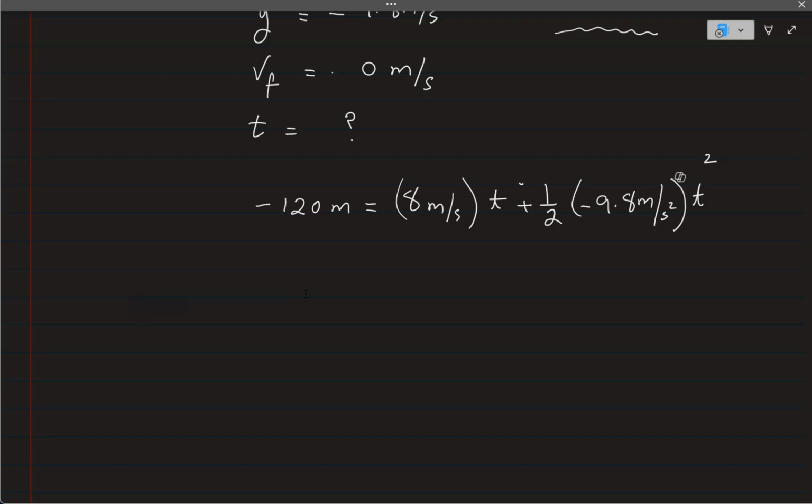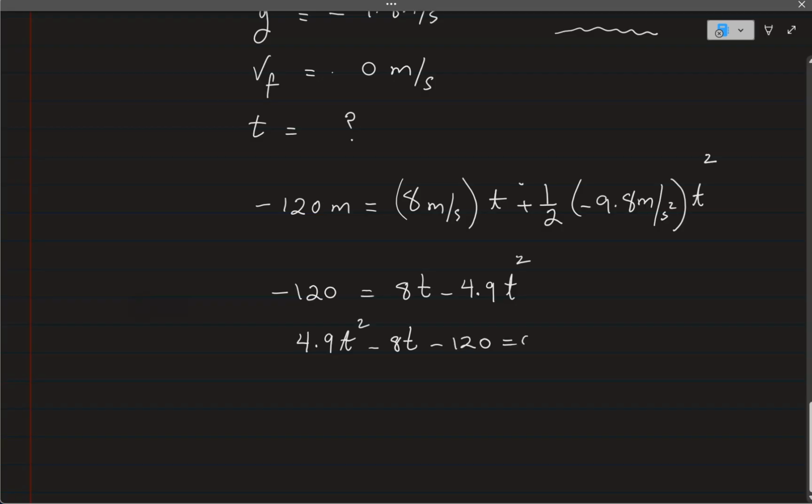When you do the math in here, you'll end up getting negative 120. I'm going to remove those units for now until we finish with the math. This would be 8t minus 4.9 t squared. When you bring everything together, you solve this equation as 4.9 t squared minus 8t minus 120, set that equal to 0.